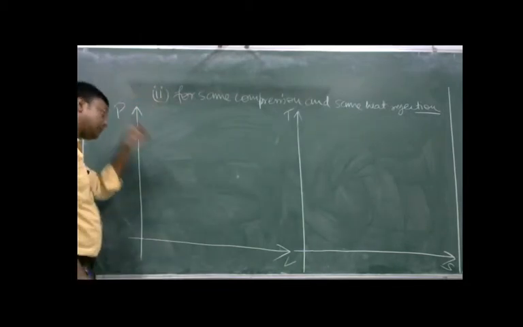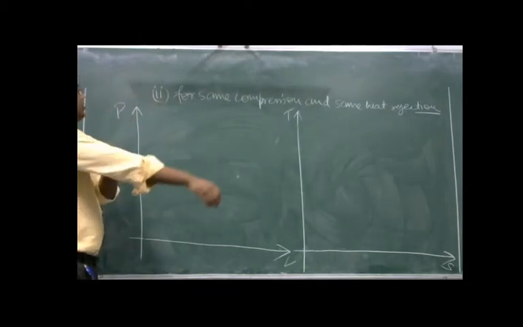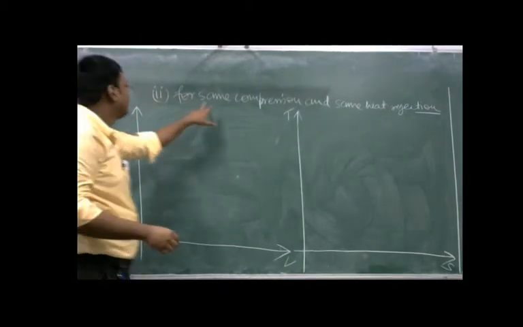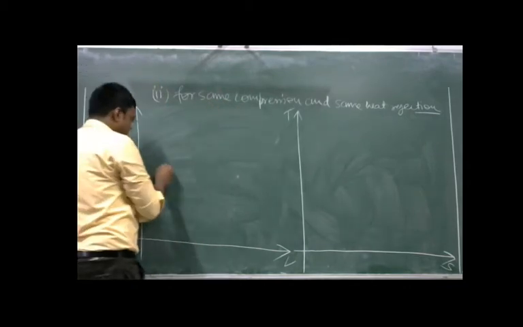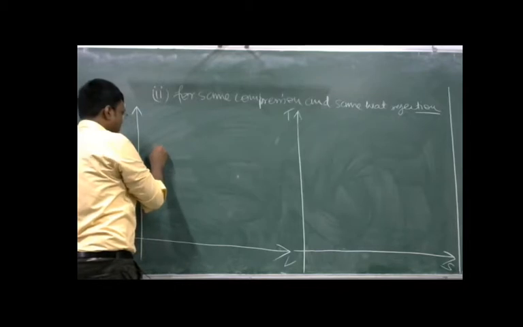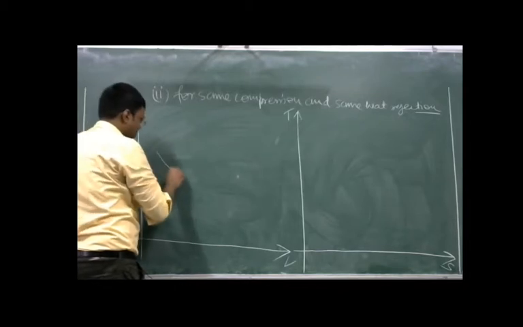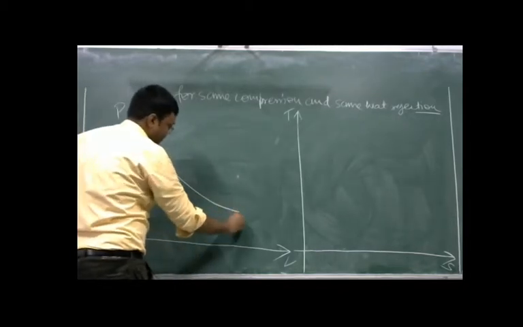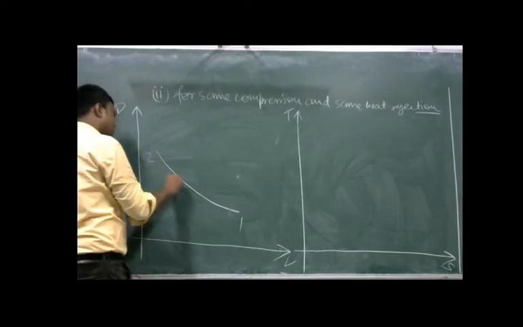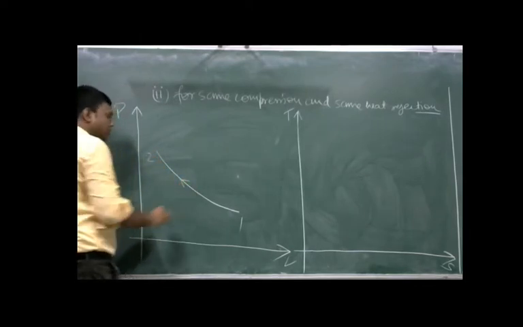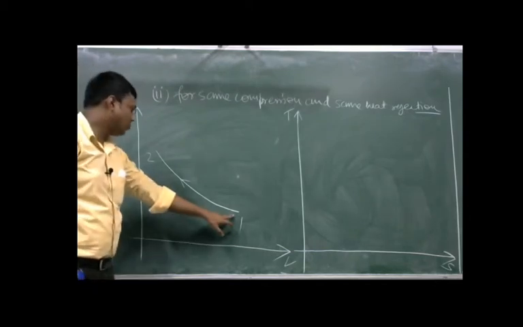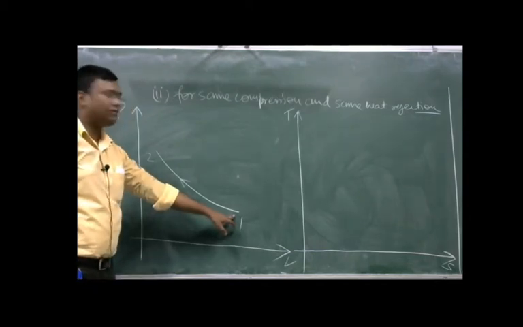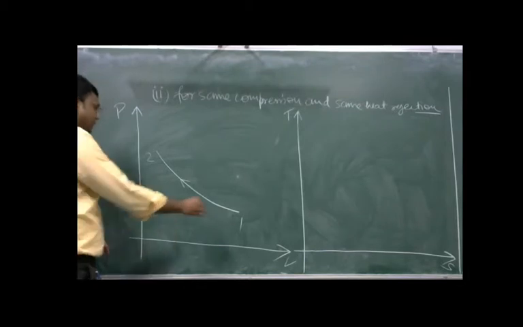So again we have to keep the compression ratio same. So from 1 to 2, the compression stroke will be same for all three cycles, Otto, diesel, and dual cycle. So first I am going to draw the Otto cycle, or PV diagram for Otto cycle.